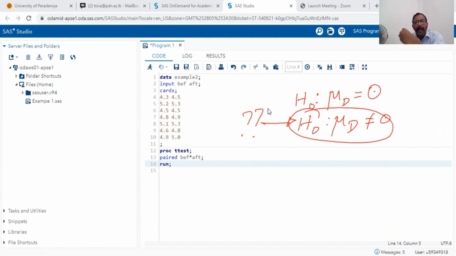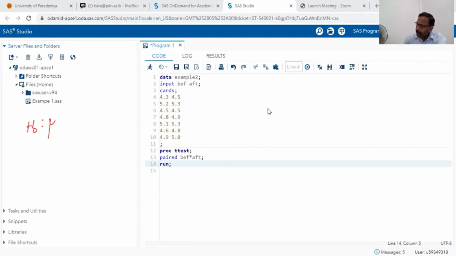Greater than 0. Yeah, our main aim is to see whether milk yield is increased by giving this hormone. So what is my null and alternative hypothesis? Null hypothesis, mu difference is equal to 0.